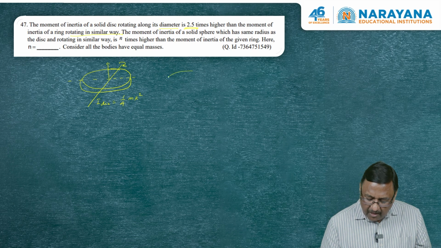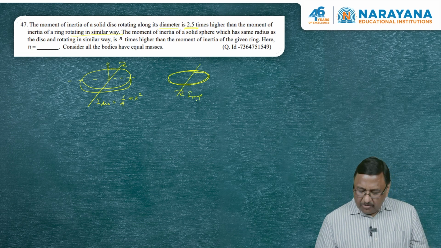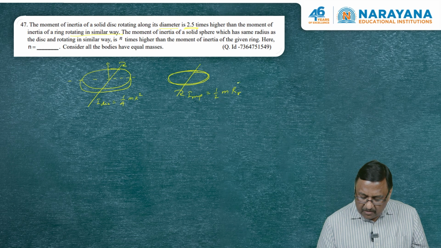If I consider this to be my ring here, it is rotating about its diameter. Let me write it is I of the ring. The moment of inertia of the ring about the diameter is going to be again half m into r square, where for the ring I write r square and for the disk r d square.